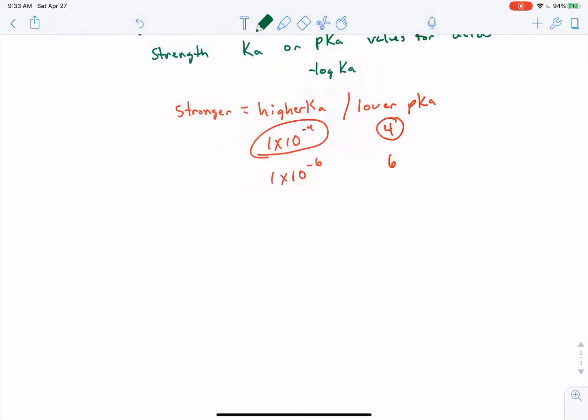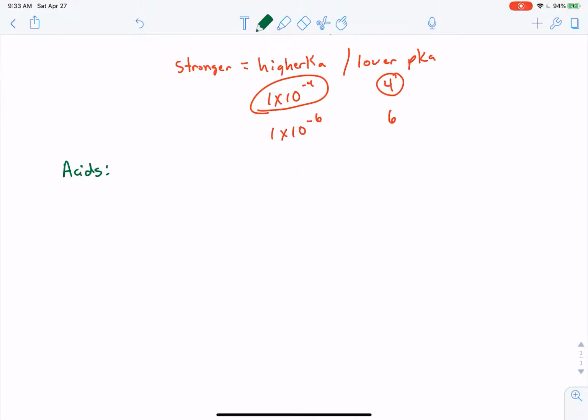Okay, reactions of acids that you need to be familiar with. First, an acid plus a metal. HA is your generic acid. It doesn't matter what A is.